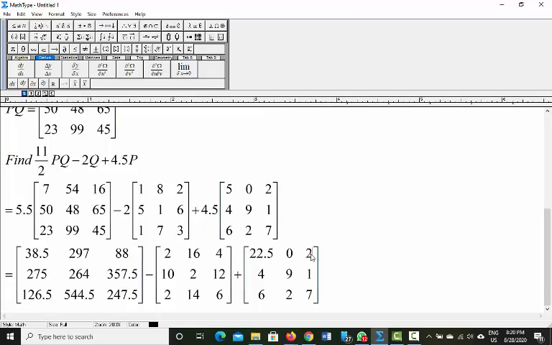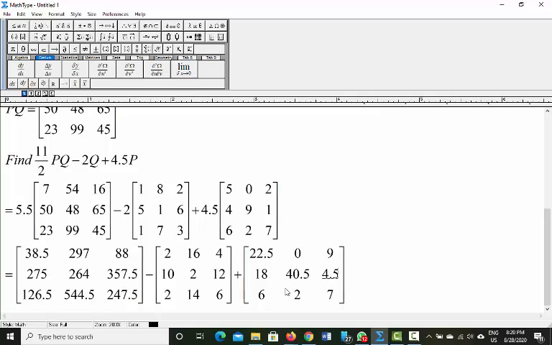This one we will get 9. This one 18. 4.5 multiplied by 9, we will get 40.5. Here we will get 4.5.